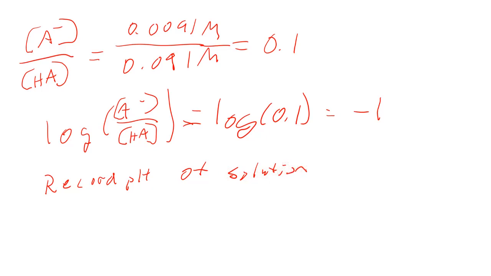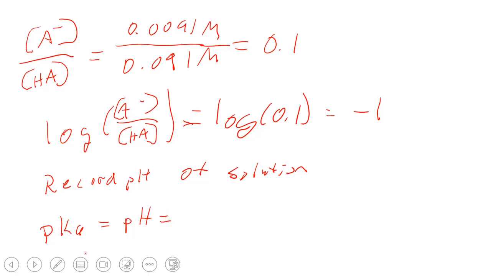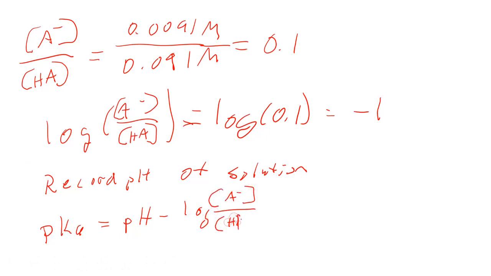So remember our Henderson-Hasselbalch equation: pKa equals pH minus the log of A negative over HA. So you're going to take your pH minus a -1, and that's going to give you the pKa.